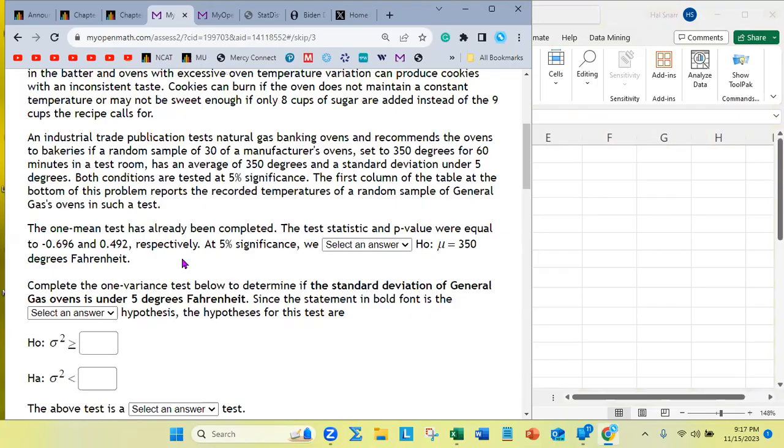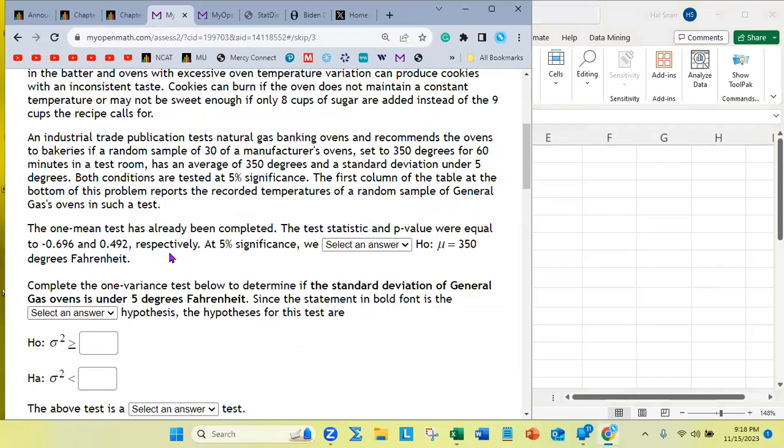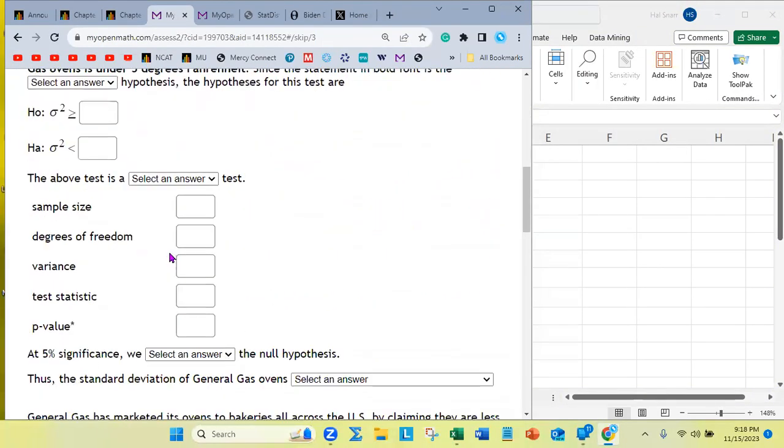Now, I'm giving you results of a one-mean test that has already been completed. The test statistic was negative 0.696 and the p-value was 0.492. So I've got to change this to negative 0.696, and change the p-value to 0.492, right? And notice that there's no population standard deviation given here, right?